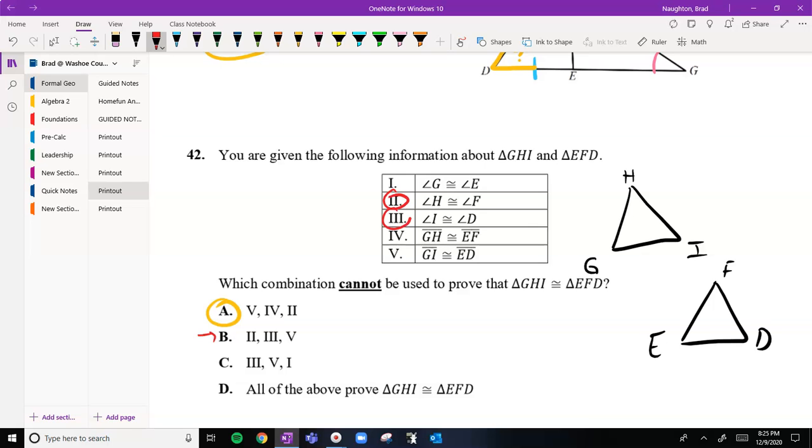So we have 2, 3, and 5. So we're going to have H and F, then I and D, and then GI, and then we have ED. As we look at this, this one is going to be two angles and a side. So this is going to be angle, angle, side.